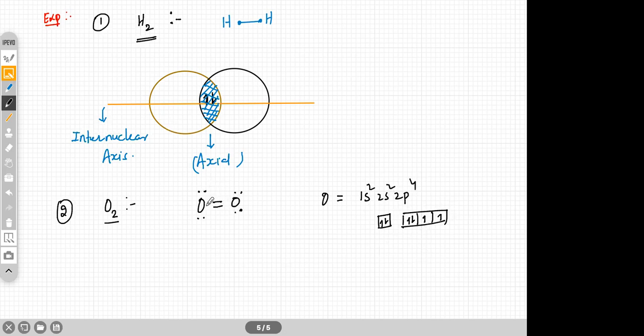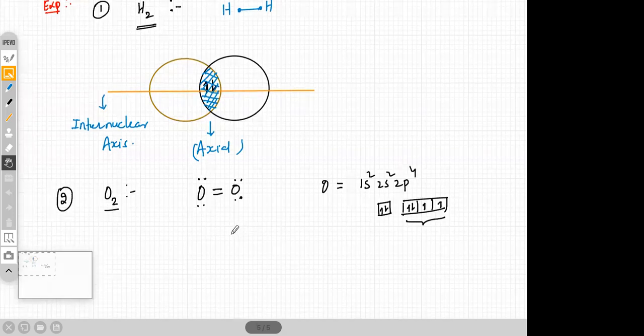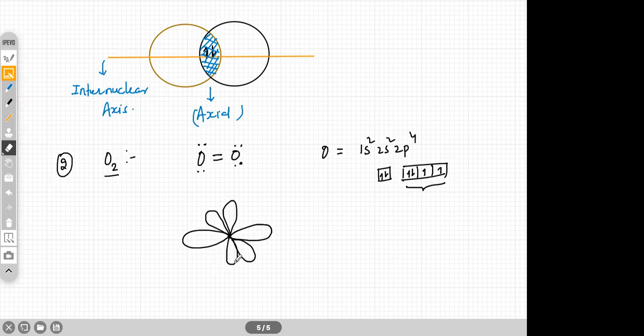So if you draw the orbital diagram of it, I'm going to draw this thing. So the 2p orbitals, px, py, pz, contain these electrons, right? I'm not doing anything, I'm just drawing this box in the shape of the orbital.